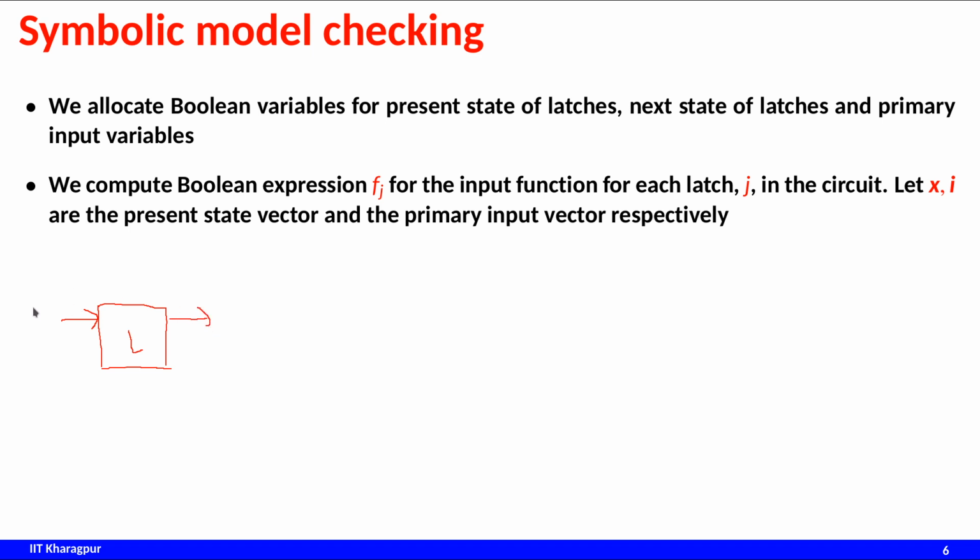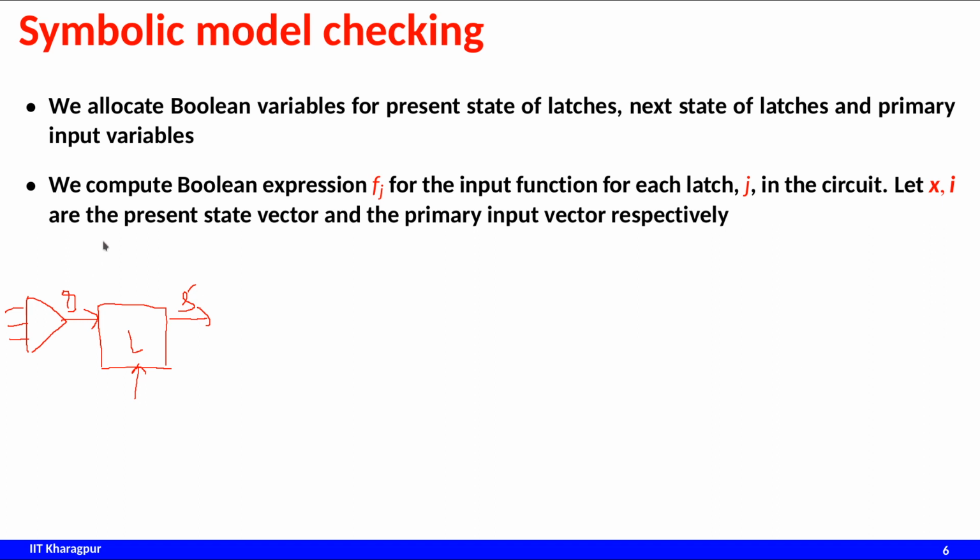Effectively there will be a combinational logic here which I am not drawing, and there will be some primary inputs coming here. If this is the present state, let's say S, this will be my next state S prime, and this S prime is getting updated at the edge of the clock. We implicitly assume there is a clock, and we do not use this clock in our representation.